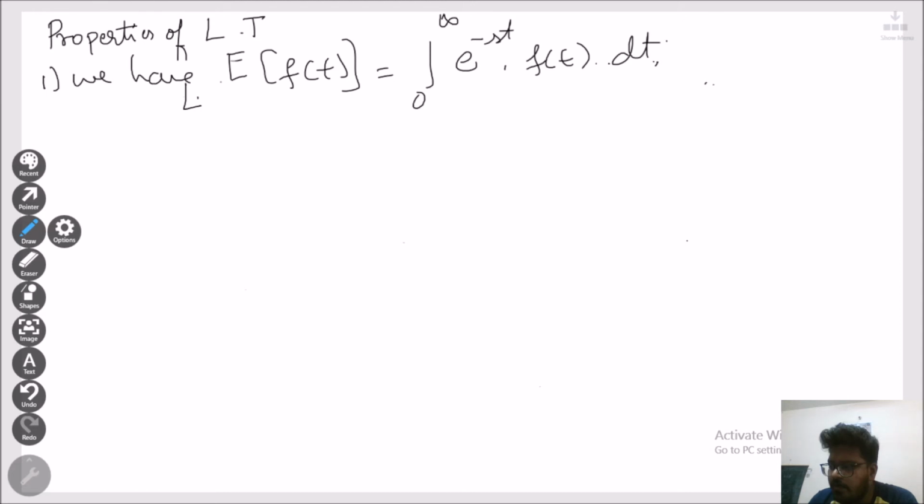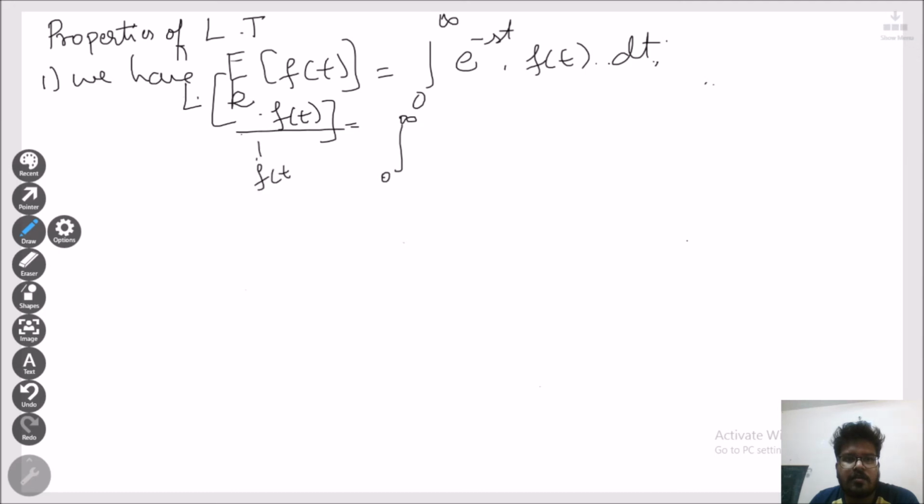So what will be the Laplace transformation of a constant into a function? That will be equal to integration from 0 to infinity. Now consider this term k into f of t as f of t. Then it will be e to the power of minus st into f of t dt.